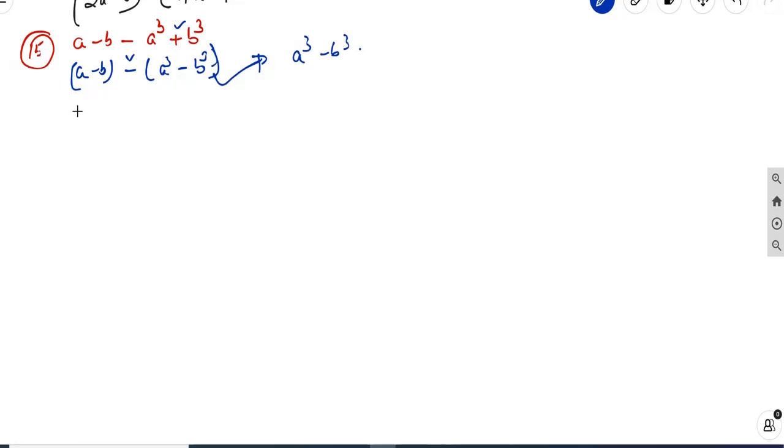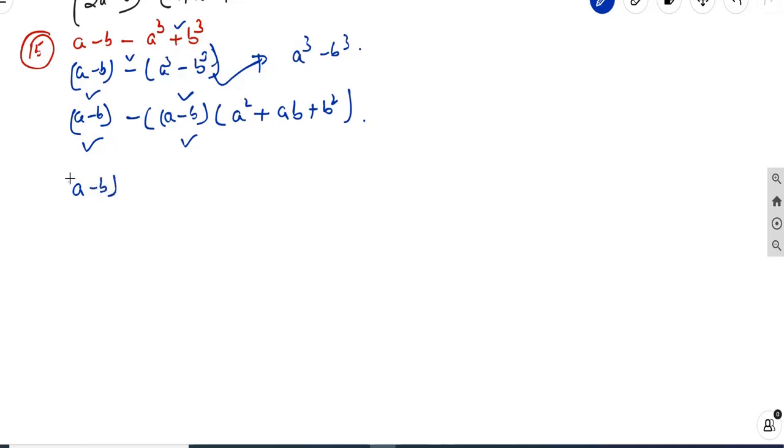So this one I can write as it is, a minus b, minus a minus b, okay, one more term, a square plus ab plus b square. Now what is common here? This one and this one are common. So if I take that outside, this becomes 1 minus b. If I have taken this one outside, what is left?